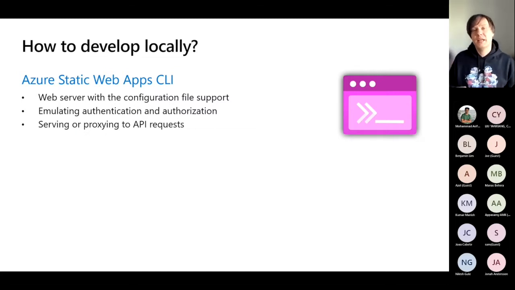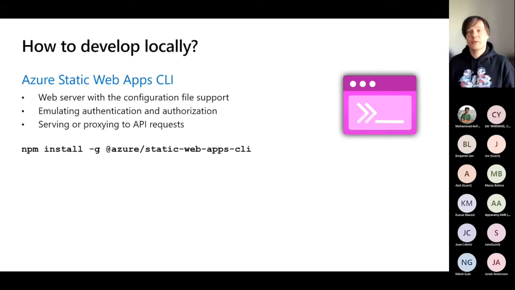So it contains all the needed runtimes and mocks for you to at least mimic all these authentication flows. And you actually run a pretty much full-scale Azure Functions runtime on your machine if you wish to build some API endpoints, if you wish to add some API endpoints to your web frontend application.